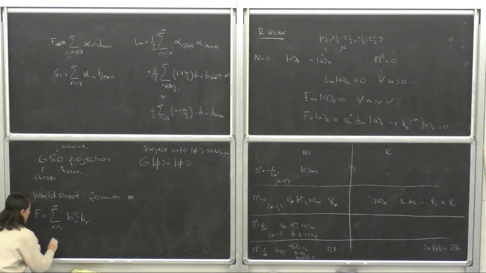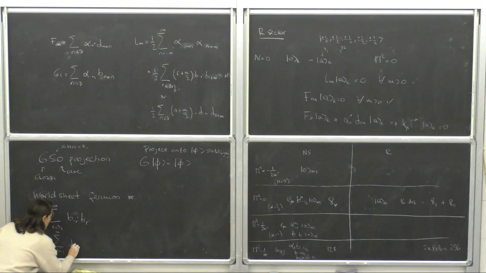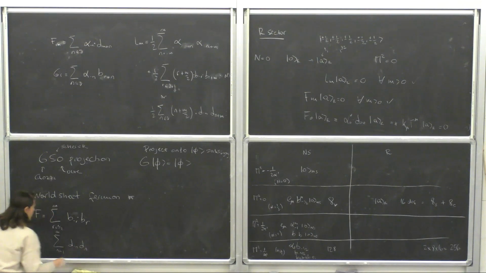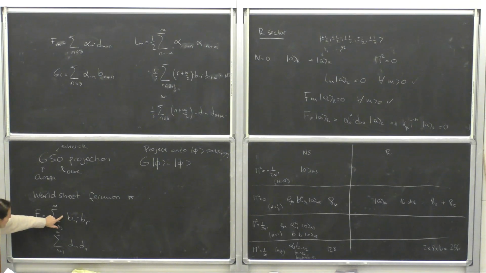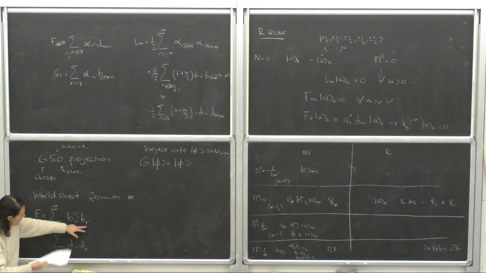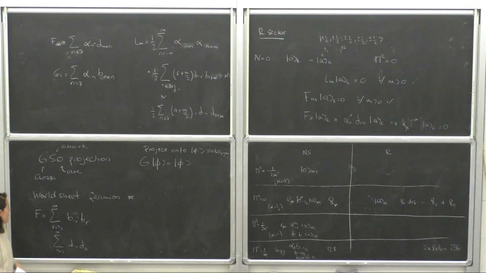Or in the Ramond sector, the sum of n equals 1 to infinity, d minus n dn. So it's similar to the N, the one that counts the level, but I don't put an r or an n, because I don't care if this excitation is 3/2, 5/2, as long as there is a single b, that makes it a worksheet fermion.